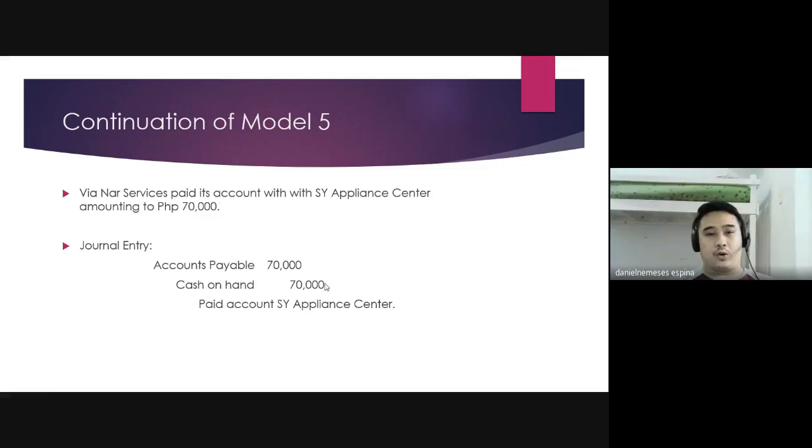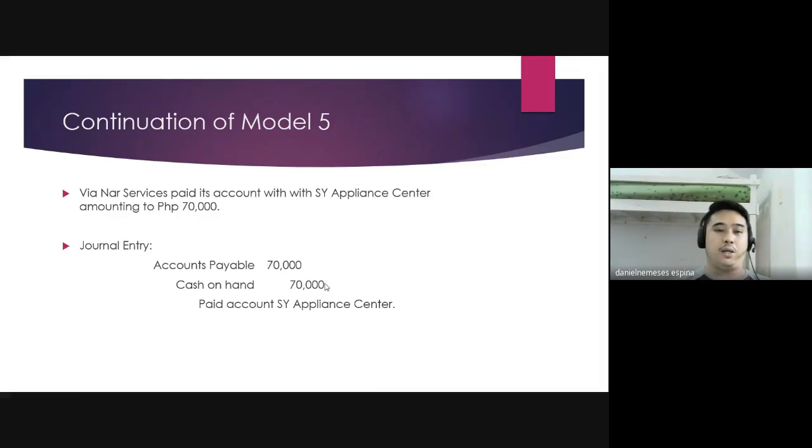Right. So sunod na pud nato gibayran is ang atong balayranon kay SY Appliance Center. Pero in this case, we only pay 70,000 lang. So gibayad nato is 70,000.